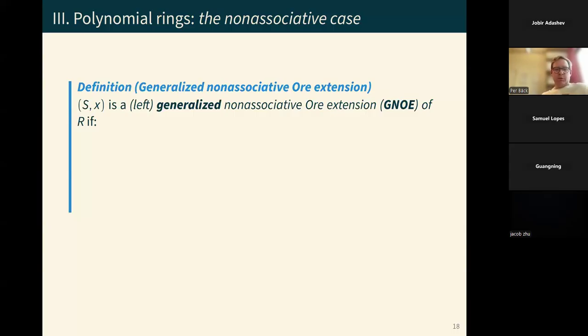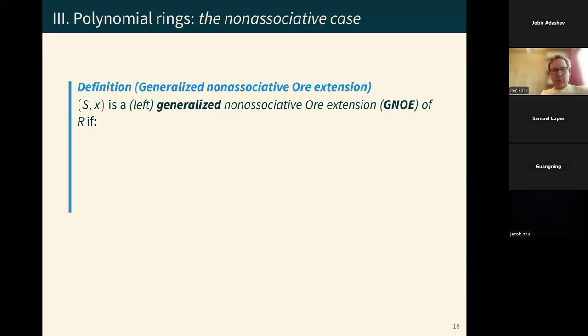What if we start with a wish list and say these are the properties that I want my non-associative, non-commutative polynomial ring to have, and then maybe we try to prove Hilbert's basis theorem for them. Then maybe we can get to the point of what Hilbert's basis theorem is all about, and what these polynomial rings are all about.